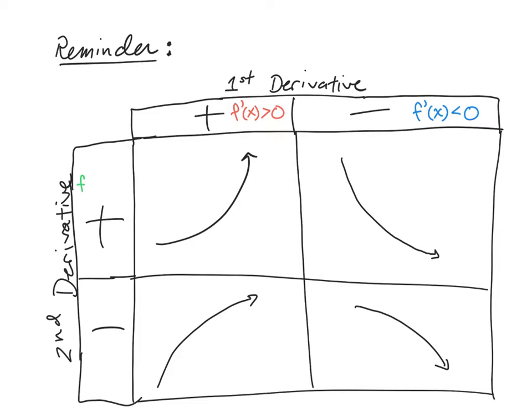We can say the second derivative is greater than 0 for positive, and less than 0 if it's negative, just to give it some more context, at least in terms of notation. All right, let's hop into our first example here.